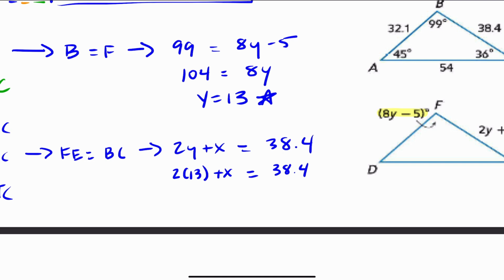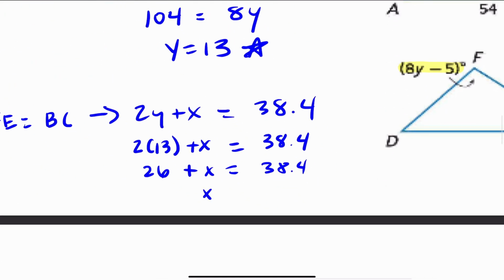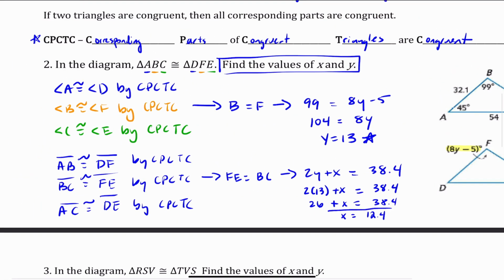And that's actually going to be 26, right? 2 times 13 is 26. And nothing's going to happen to that plus x, and nothing's going to happen to that 38.4 just yet, because now I'm going to use the subtraction property of equality, because I'm going to subtract both sides by 26, and I get x is equal to 12.4. And this is my answer.